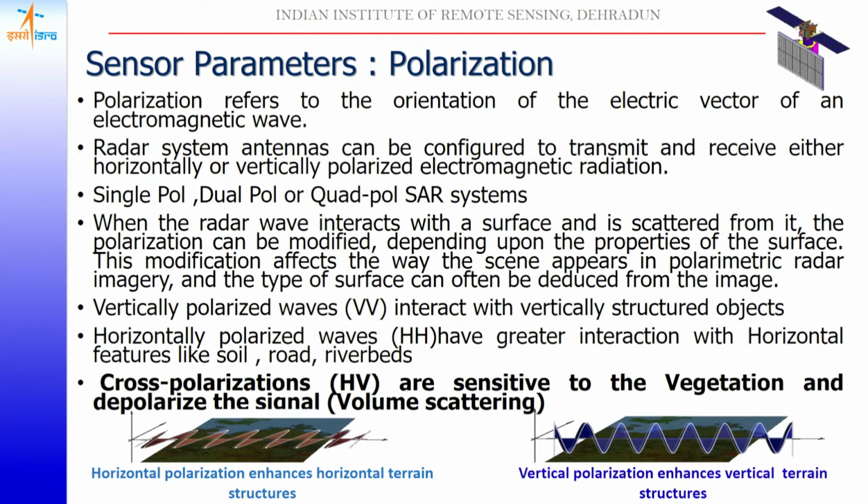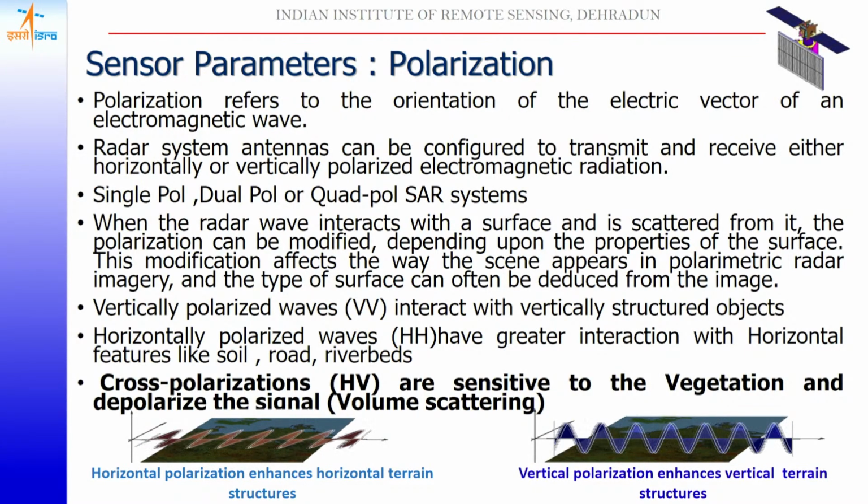This modification affects the scene in polarimetric radar imagery, and the type of surface can often be deduced from the image. If an object is oriented horizontally or vertically, the polarization alteration will be less or higher, and with the effect of the polarization we can say whether the object is horizontally or vertically aligned.